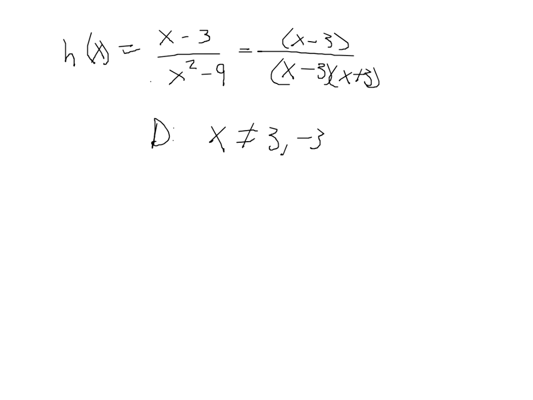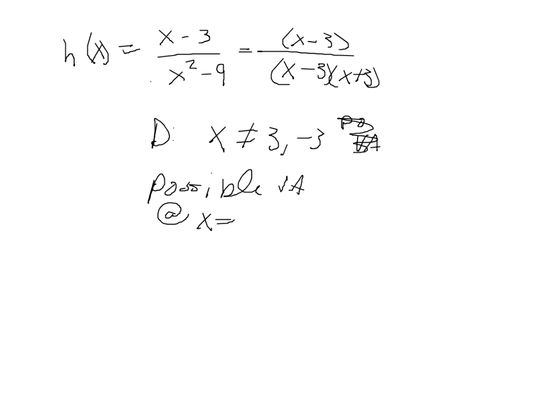So if I have any vertical asymptotes, they will occur at 3 and minus 3. So my possible vertical asymptotes are at x equals 3 and x equals minus 3.